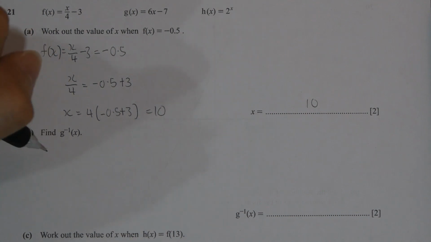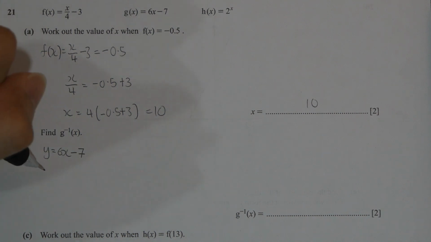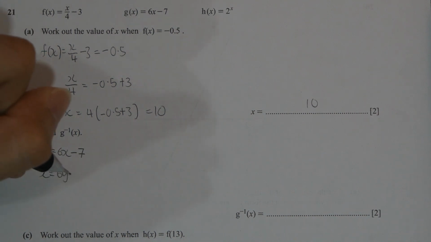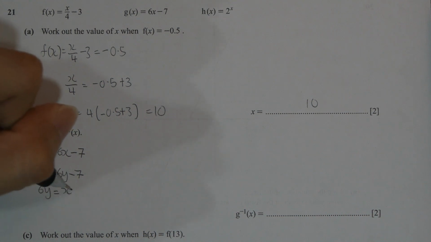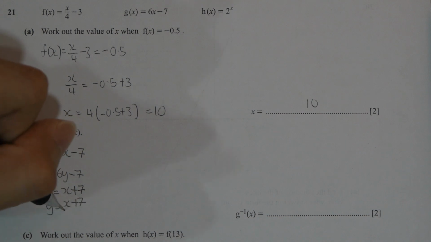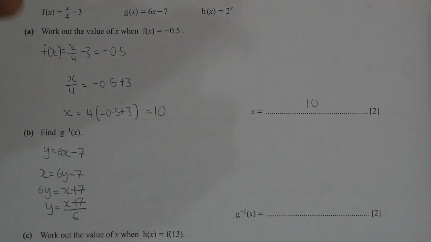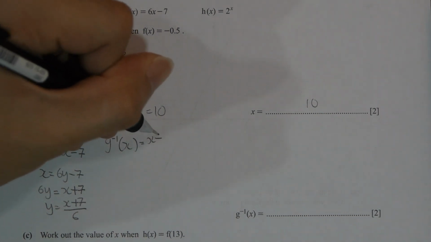First thing first, you need to write down g(x) equals 6x minus 7 equals y. Then you swap the x and y positions. Then you will get x equals 6y minus 7. Then you rearrange to get the new y. By doing so, you will get the result of g inverse x.